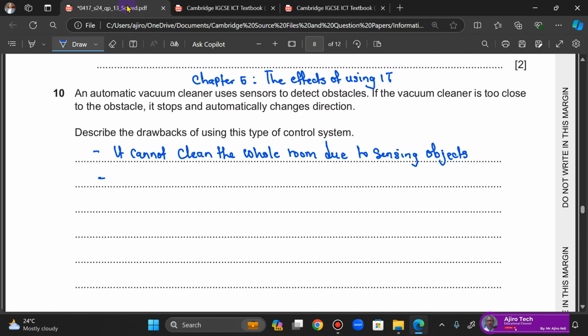So we're not being specific to one of them. People become too reliant on the technology.